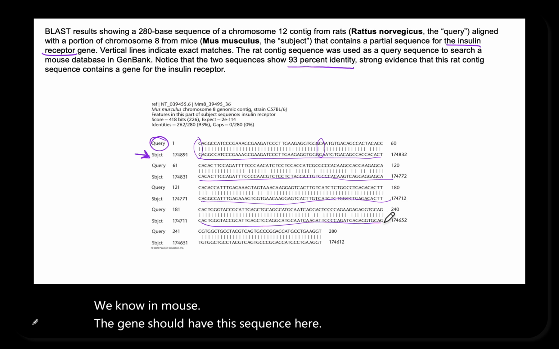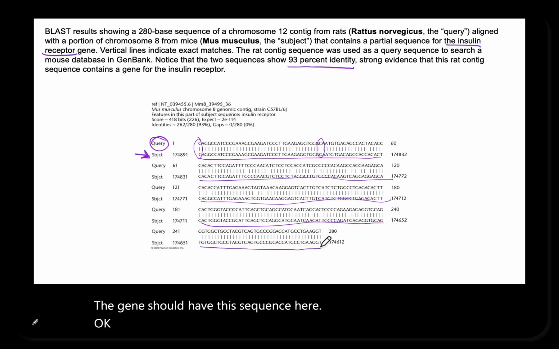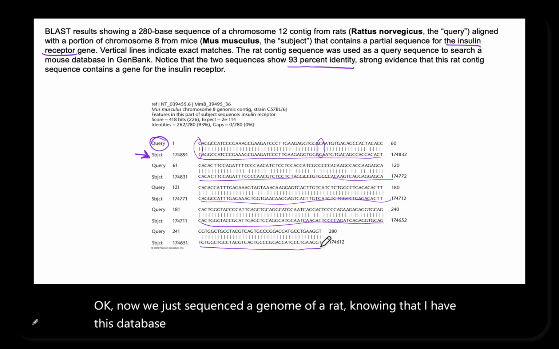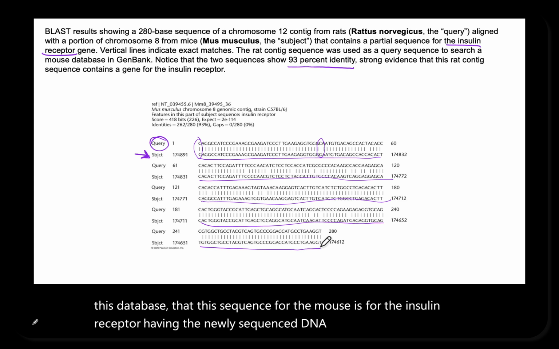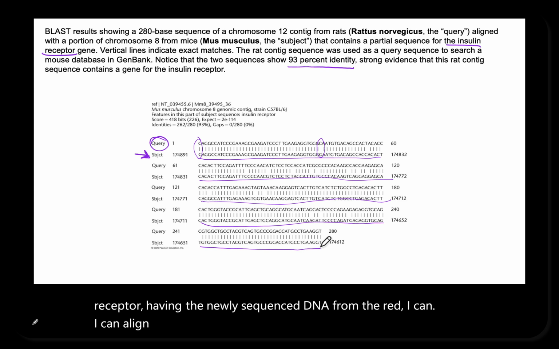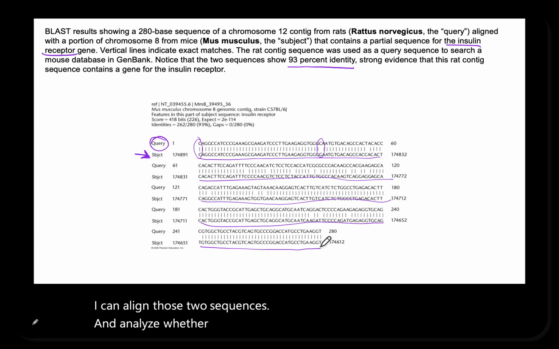Okay, now we just sequenced the genome of a rat, and I have a database with the sequence for the mouse insulin receptor. Having the newly sequenced DNA from the rat, I can align those two sequences and analyze whether they match each other.